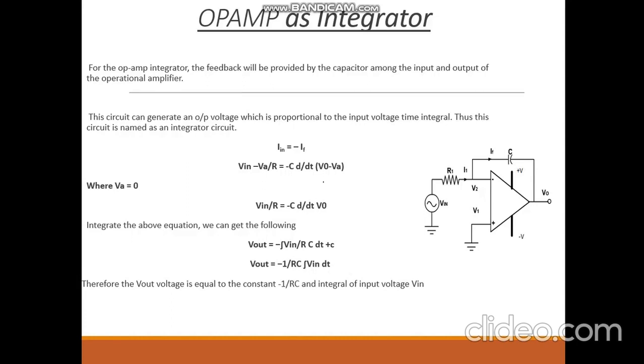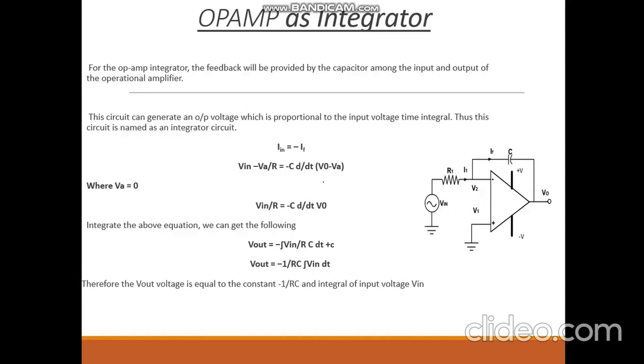So Vin upon R is equal to minus C into d/dt of Vout. Integrating the above equation, we get Vout is equal to minus integration of Vin upon RC dt plus C. Now the value of resistance and value of capacitor is constant, so it has some constant value.